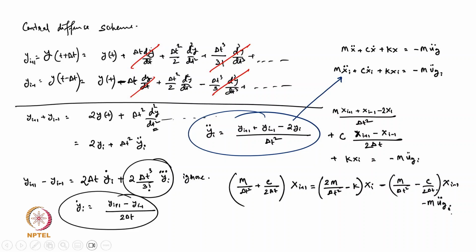You can see that to find the solution for the i plus 1th step, you need the solution of the current step and the previous step. And this is known for all the steps, because that is your input acceleration or input force, whatever. Any doubt in that? Yes.